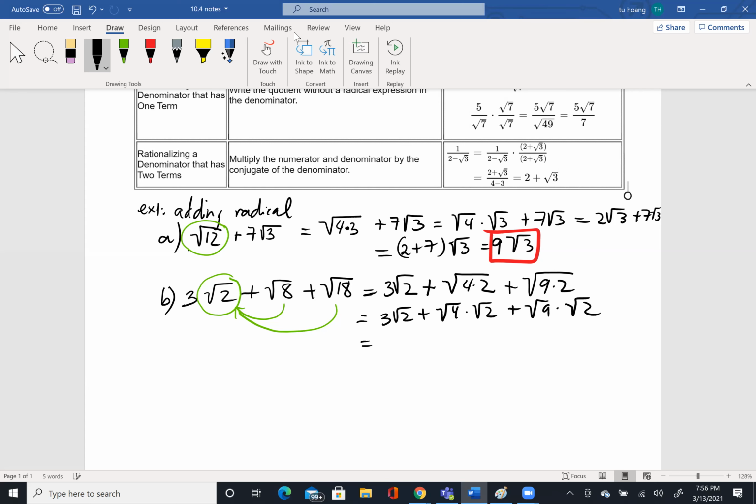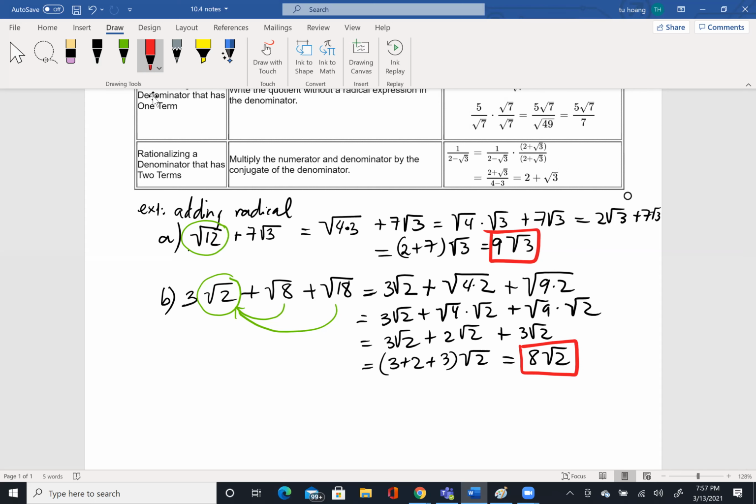And I can rewrite it again as 3 square root 2 plus 2 square root 2 plus 3 square root 2. And combine like terms, you will have 3 plus 2 plus 3 square root 2. And that will give you 3 plus 3 plus 2 equal to 8 square root 2. That's going to be the answer.